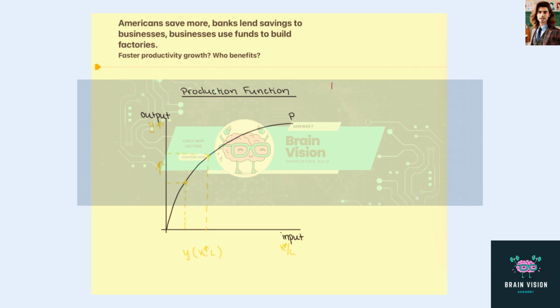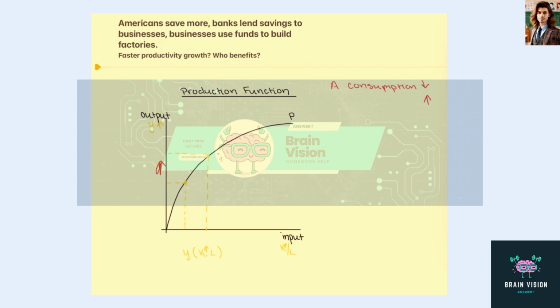So these Americans' consumption initially decreases because they're choosing to save that money. So for a period of time, they're going to experience lower utility as a result of consumption. But over time, as this productivity is able to increase, like we said, consumption will be able to increase again. So over time, it makes it worth it.